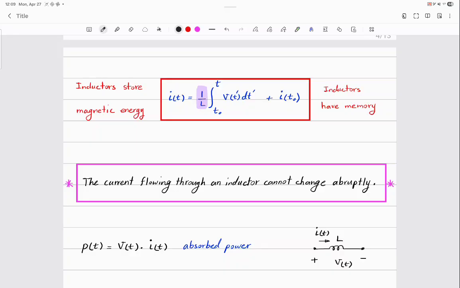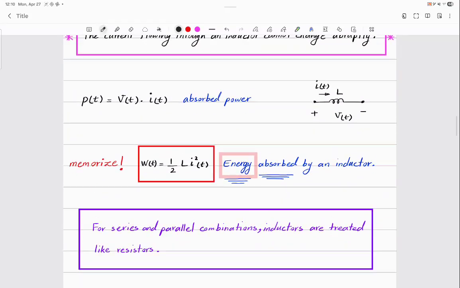So it should be multiplied by 1 over L and then plus the initial value, okay? So the area is only the integral part, okay? Another very important thing, it could be both a fundamental or conceptual question, and it's very important for analyzing transient response questions as well. The current flowing through an inductor cannot change abruptly, okay?